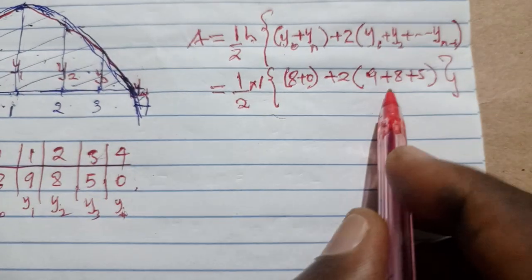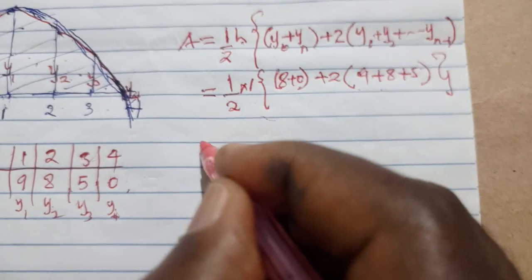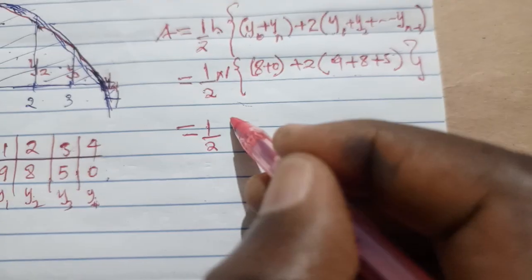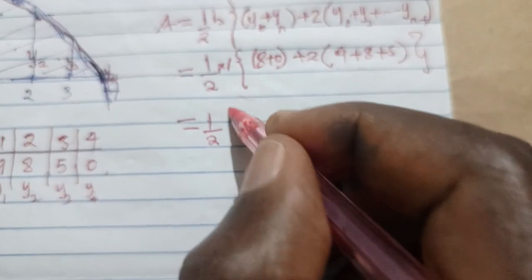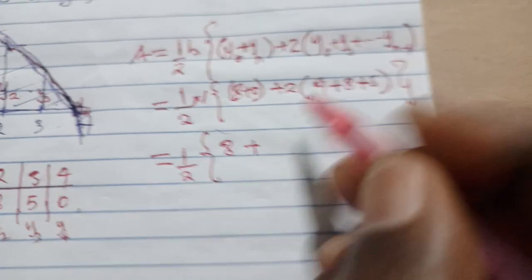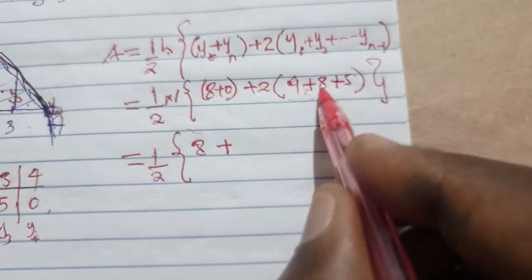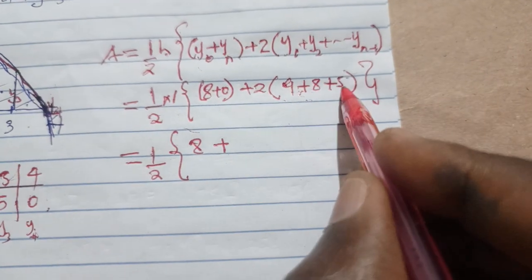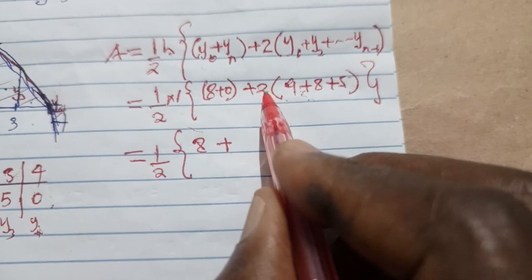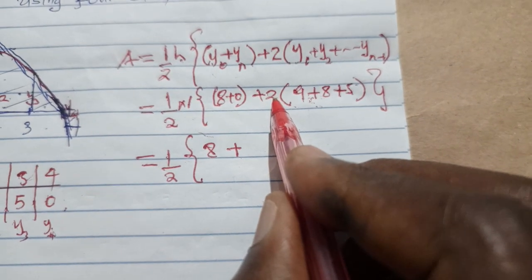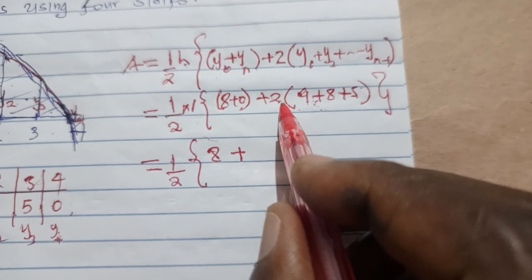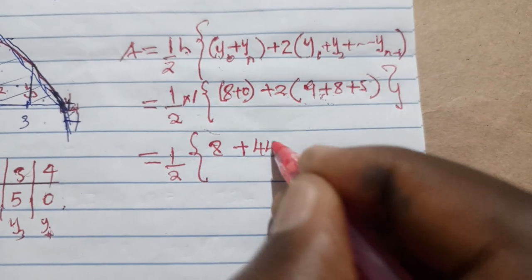So this substitution, we work it out, and the result will be the area that we are looking for, the estimated area by this method. So this will be half times 1, which is a half, into 8 plus 0, which is 8, plus, now in this bracket we have 8 plus 9, that is 17, 17 plus 5, that is 22, 22 multiplied by 2 is 44, so we'll have 44.